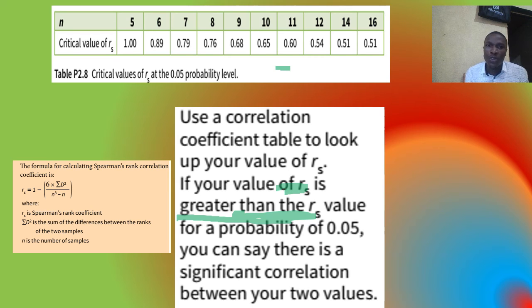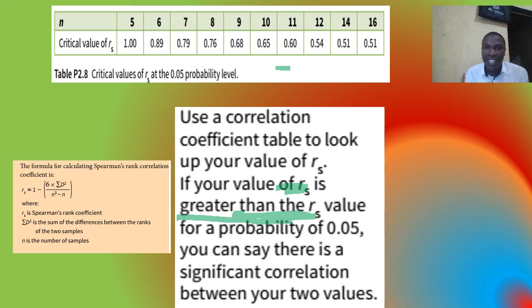So we have rs values for a probability of 0.05. You use a correlation coefficient table to look up the value of rs. If your value of rs is greater than the rs value for probability of 0.05, you can say that there is a significant correlation between your two variables. For example, in our example, we have got 0.93, but n was 10, and our rs is above 0.65.